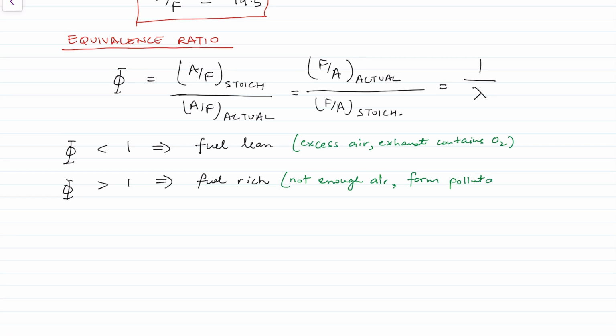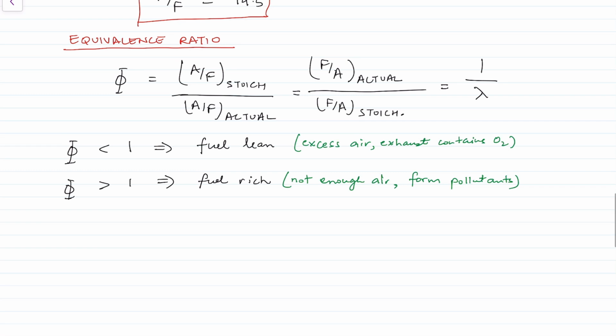Also, lambda is greater than 1 for fuel lean and less than 1 for fuel rich, just because lambda is inversely proportional to the equivalence ratio.